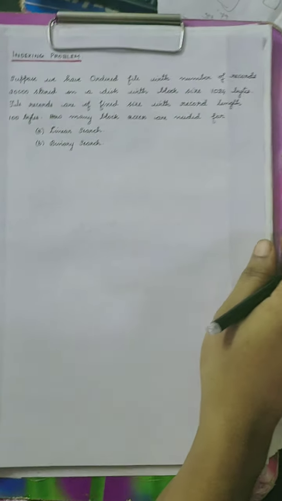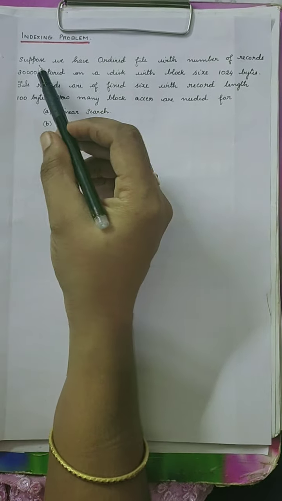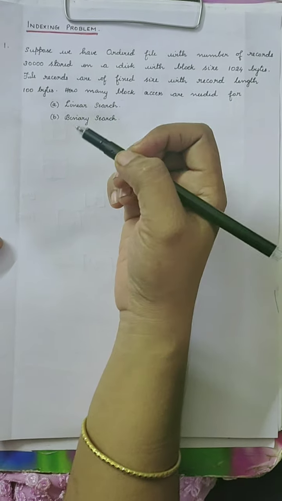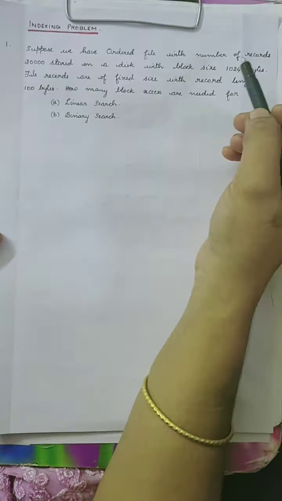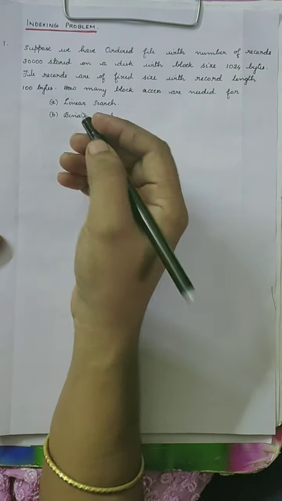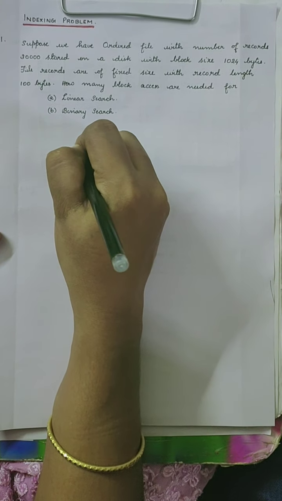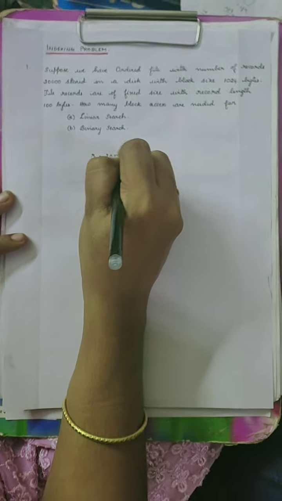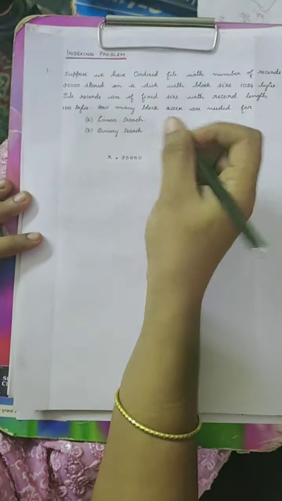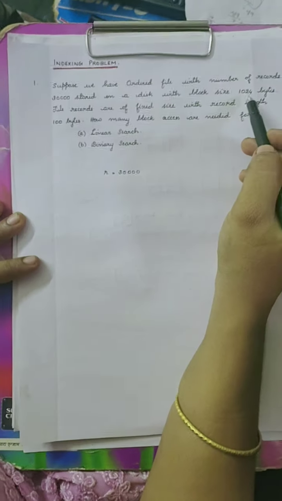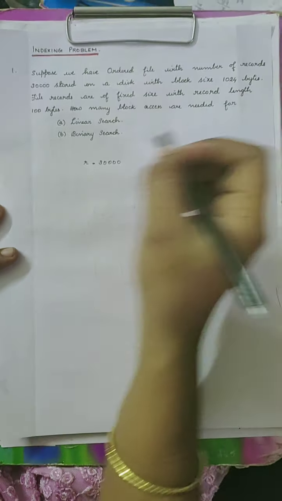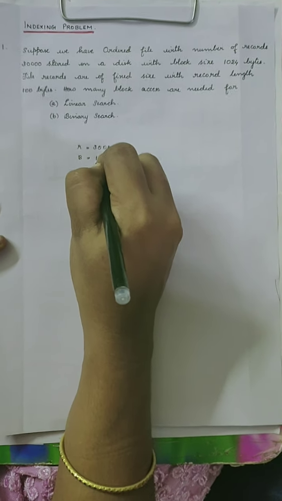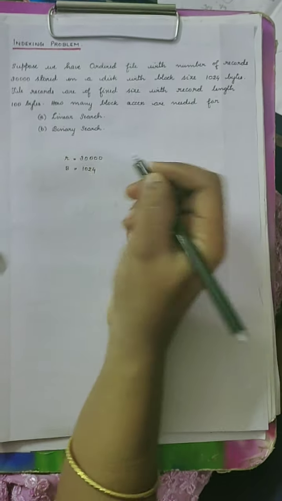First, go through the problem. Suppose we have an ordered file with total number of records 30,000. So we have to store a total of 30,000 records, represented as small r. Small r is equal to 30,000. It is stored on a disk with the block size 1024, which is represented as capital B. Capital B is equal to 1024.